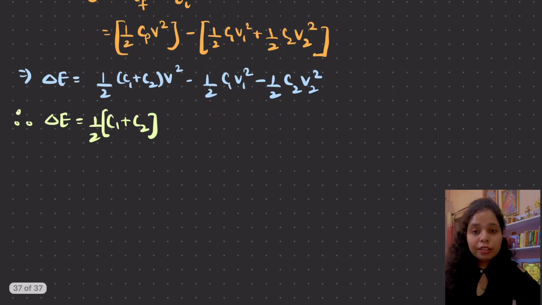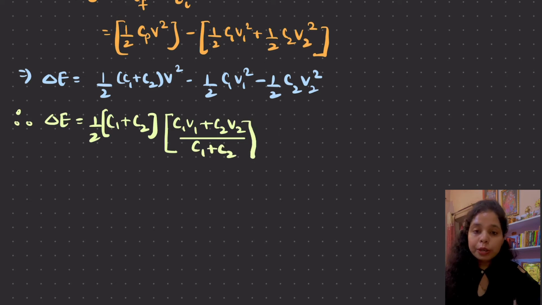So substituting this value instead of V, we have C1 V1 plus C2 V2 divided by C1 plus C2 whole square. Now we will rewrite everything as it is, minus half C1 V1 square minus half C2 V2 square.